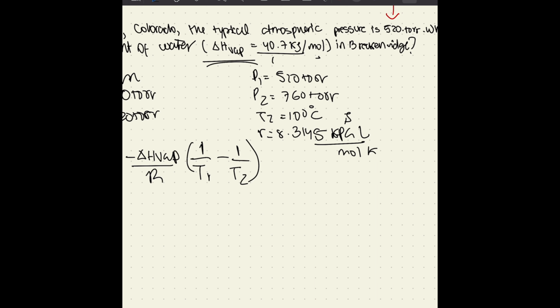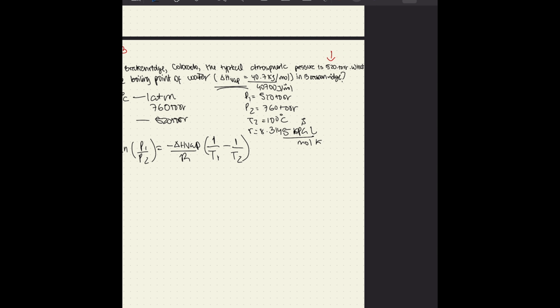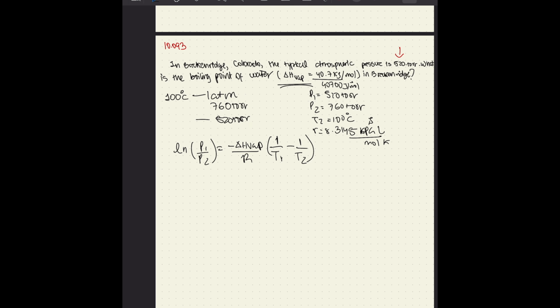Okay, I think we have everything. We also need to rearrange the equation, so this one is multiplying and this one is dividing, and the other one. It will look like this.